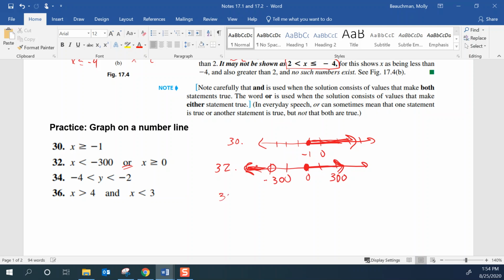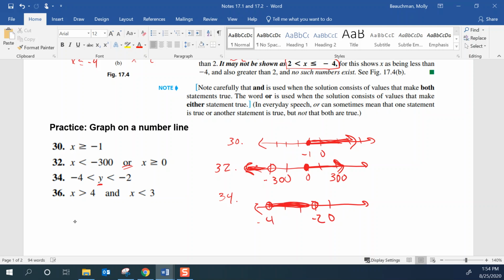Number 34, y is in the middle this time. We have -4 is less than y is less than -2. That means y is in between these two numbers. -4 has an open circle, -2 has an open circle, and it's everything in between, not including -4 or -2.